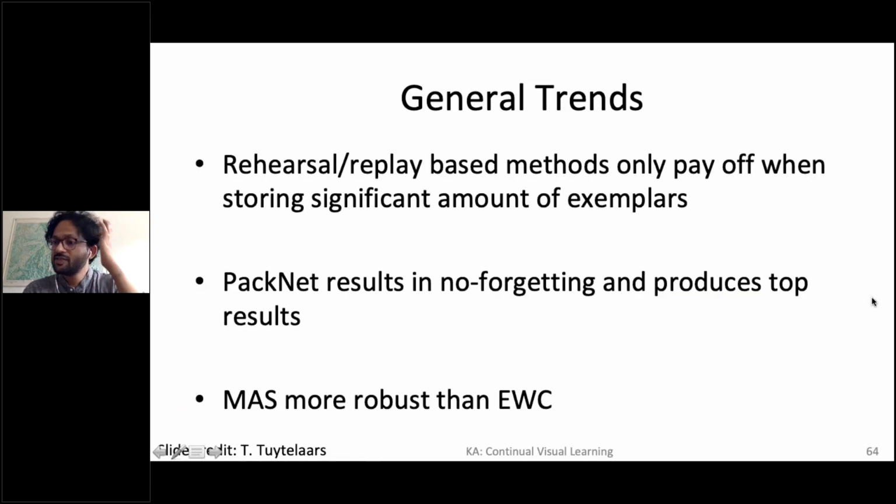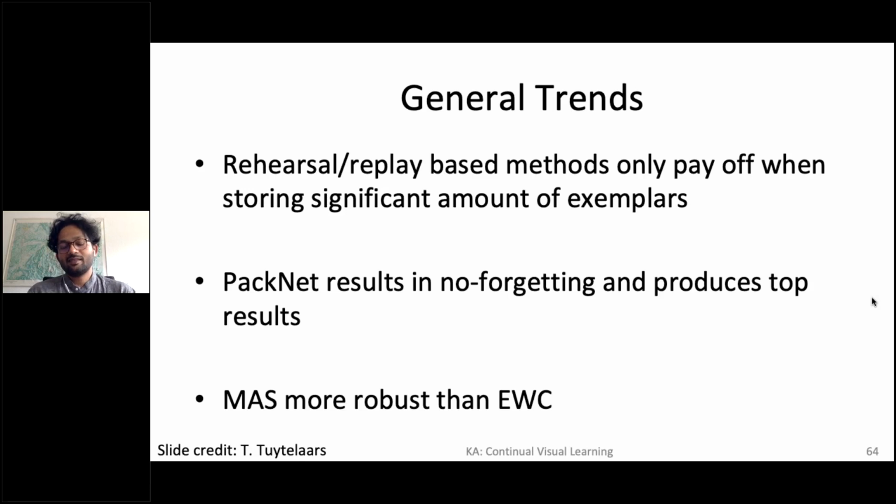So I'll summarize my tutorial talk at the moment with the general trends that have been observed. Typically the rehearsal and replay based methods work pretty well, but they only pay off when you have stored a large, or sufficient, number of samples.